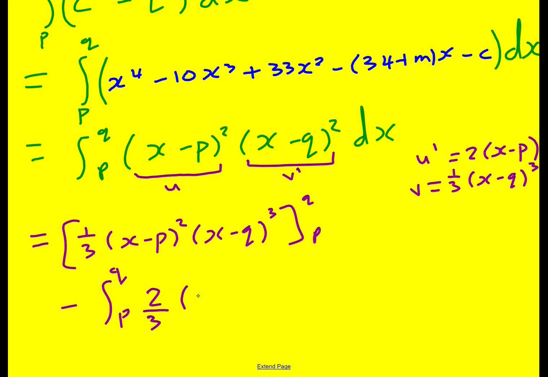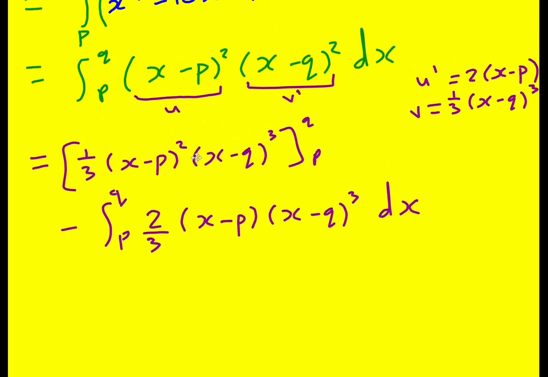So it's going to be 2/3 x minus p, x minus q cubed. Now, normally I would do this integral before I substitute in, but actually, if we look at this here, when we substitute q in, this is going to be 0. When I substitute p in, this is going to be 0. This here is just 0.